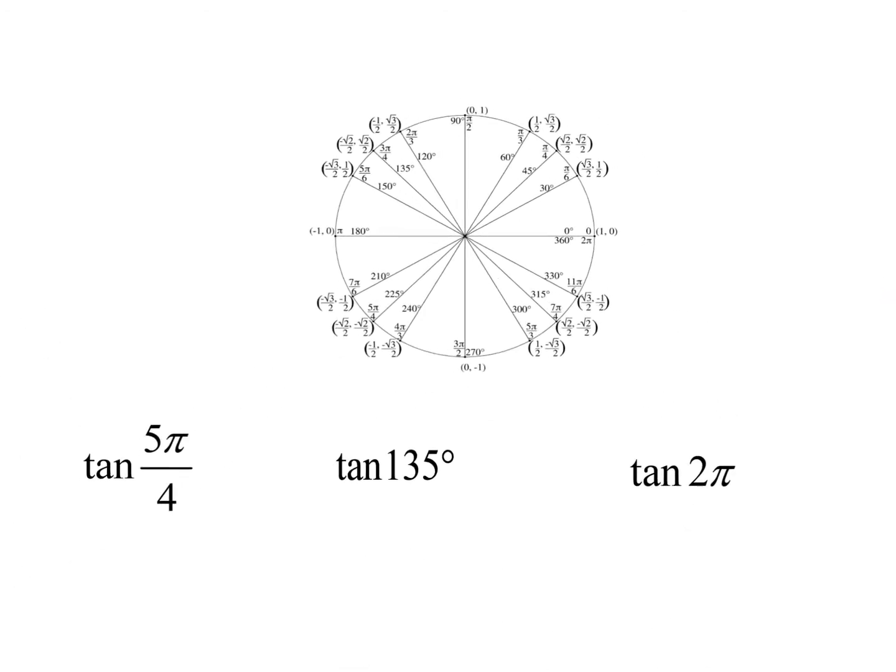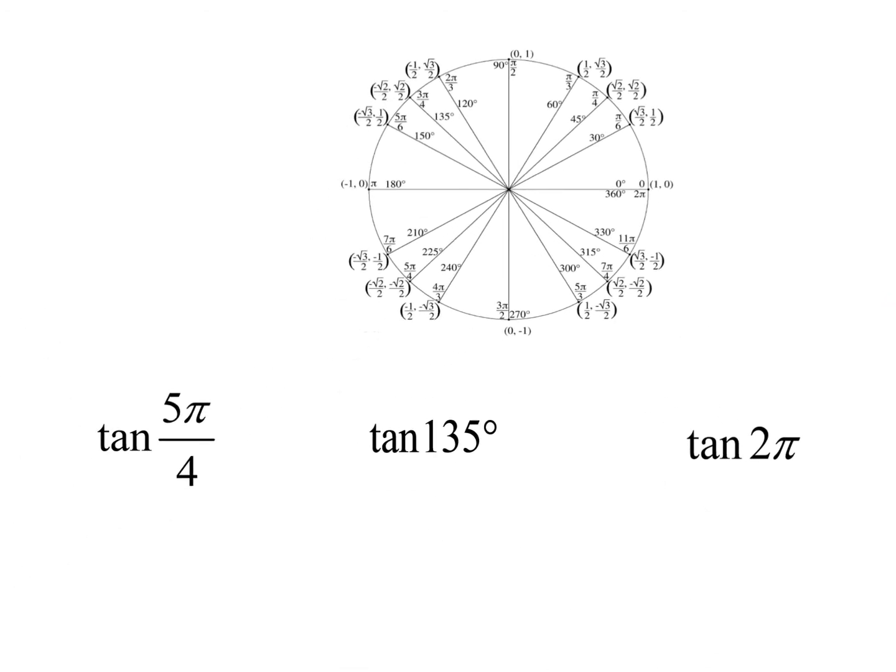Tangent of 5 pi over 4. 5 pi over 4, where are you? 5 pi over 4, bam. So it's going to be the second numerator divided by the first numerator. So negative rad 2 over 2 over negative rad 2 over 2 again. Since these denominators have the same value of 2, we can essentially ignore them and think of this as negative rad 2 over negative rad 2.